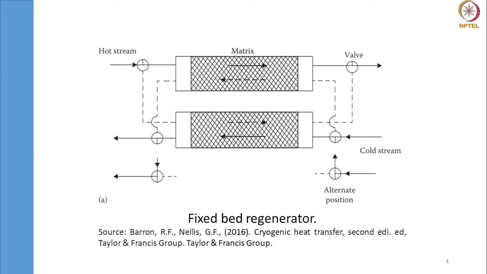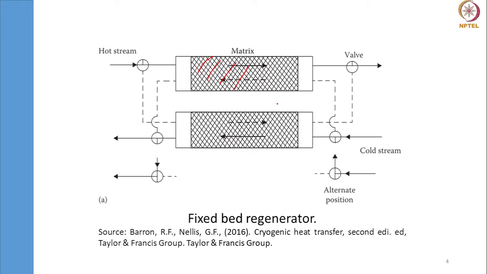As I have told you, we have a tube or a flow channel which is filled with matrix. This matrix is actually a material with high specific heat capacity, because we want to store more amount of energy. Based upon the temperature at which we want our heat exchanger to operate, the matrix material will be different.